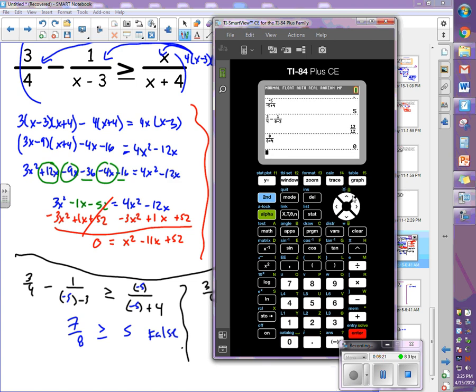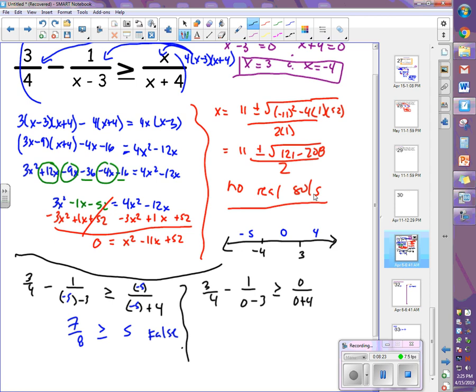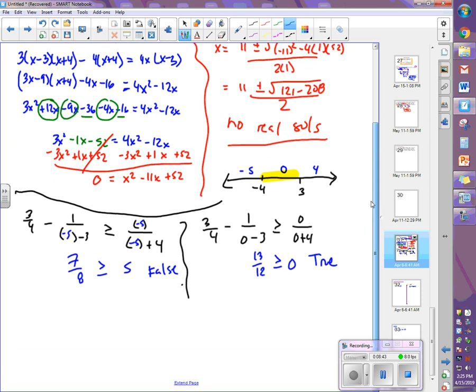And 0 for the second. So 13/12 greater than or equal to 0. That is true. So we're going to highlight that region. And again, we still have to test it one more time.